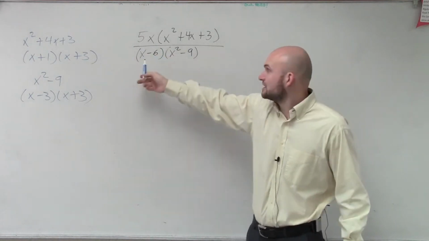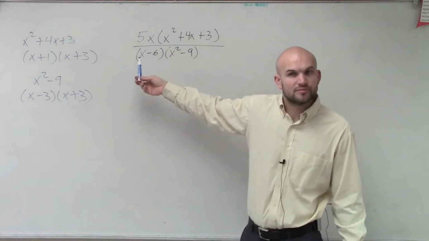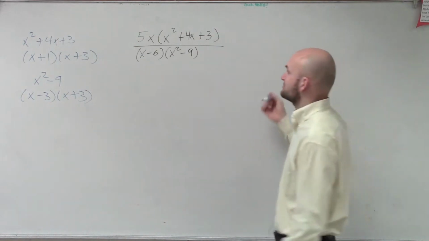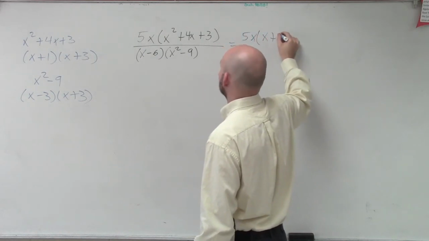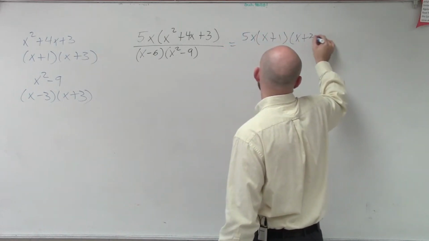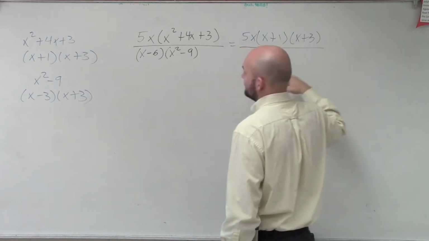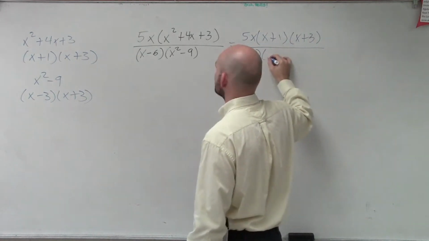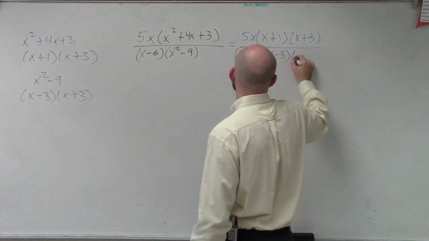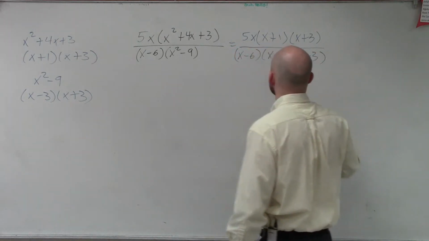It's already factored. Can I factor x minus 6 any further? No. So now I'm just going to rewrite it in its factored form. I have 5x times x plus 1 times x plus 3 divided by x minus 6 times x minus 3 times x plus 3.